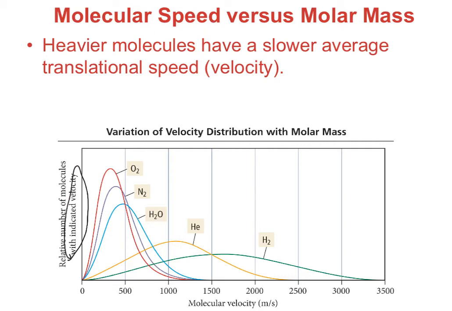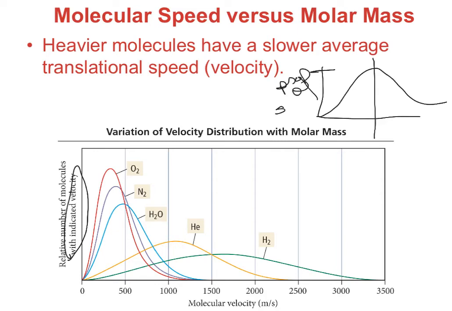Just like you might have a bell curve for the distribution of grades in your class, the y-axis would be the proportion of students with a certain grade. And so this might be average C, and the highest proportion of students would have the average grade of C. So this is how this works.